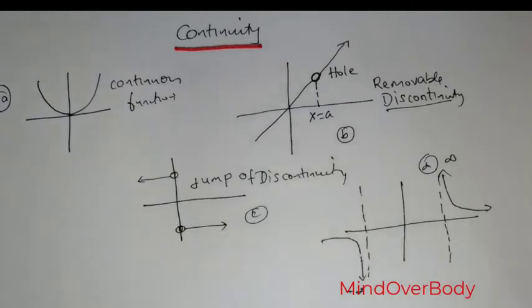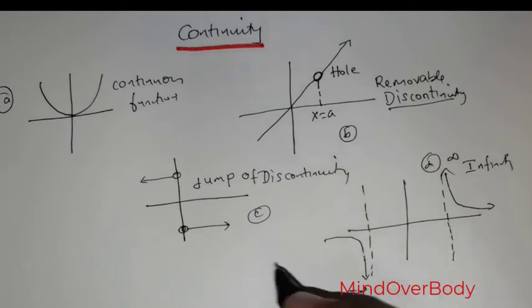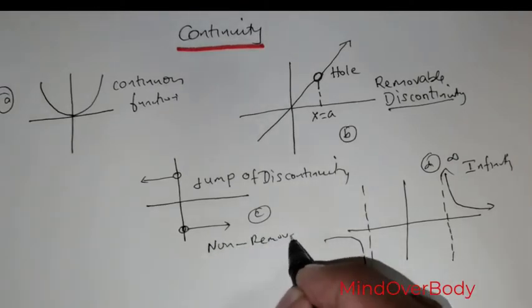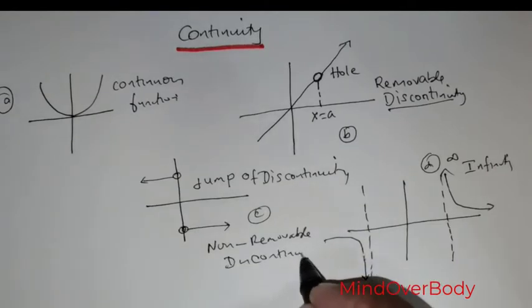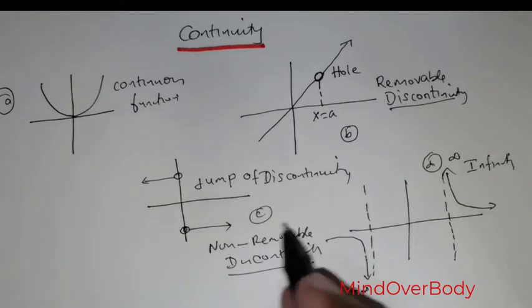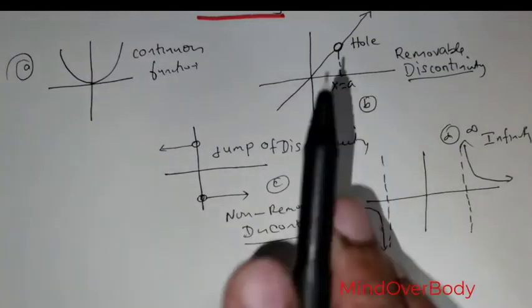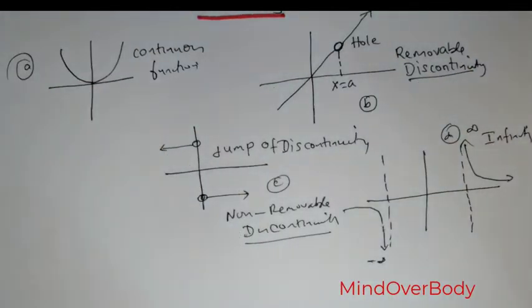So this is also a type of discontinuity. These two types are often referred to as non-removable discontinuity. Now I have also dealt with these two things. So as of now, these are simple examples of a function which is discontinuous and a function which is continuous.